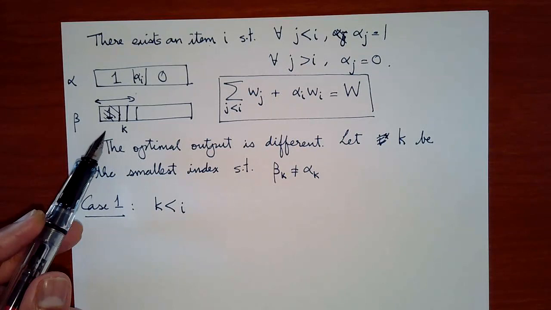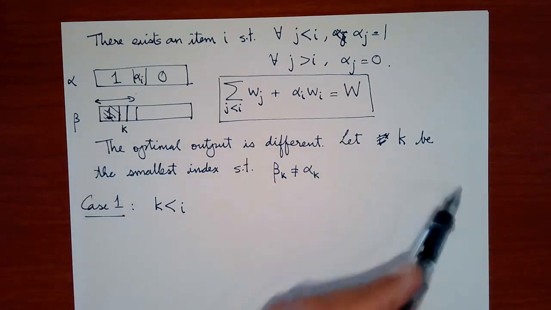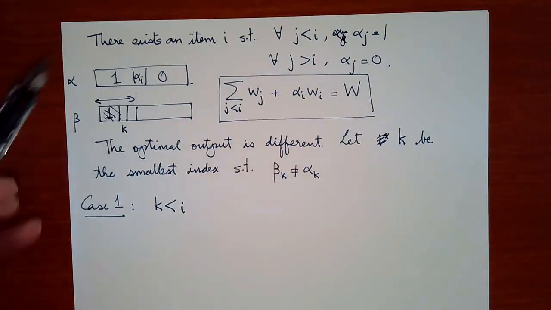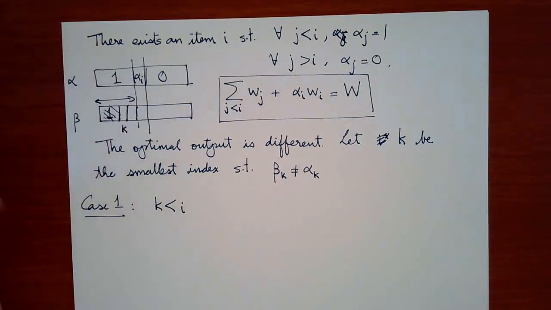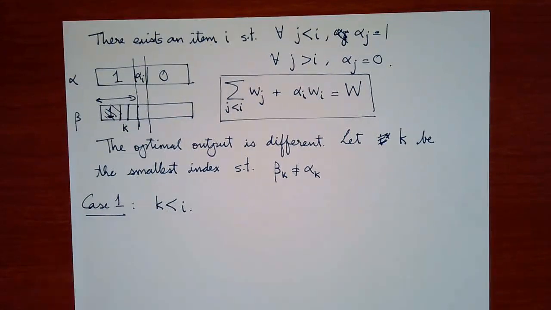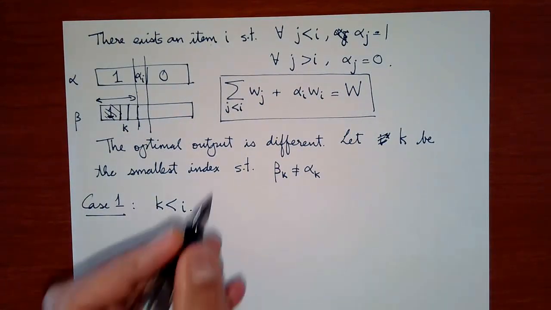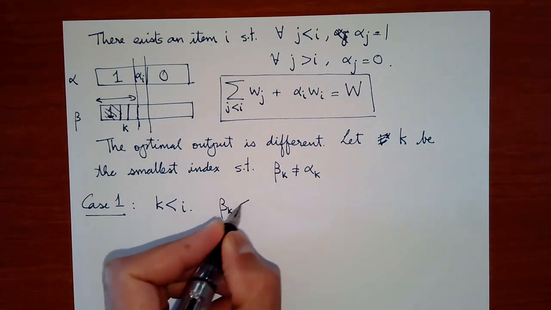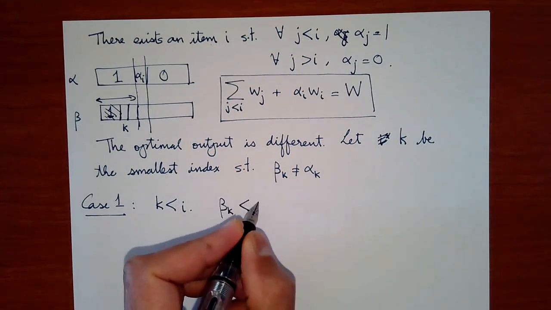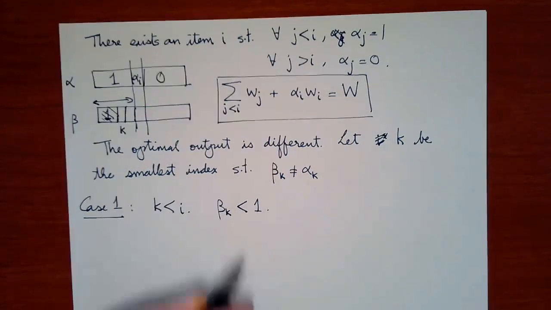Because K is the smallest index. I'm assuming it's the smallest index, so everything less than that is 1. So what do we know? We know that beta k is strictly less than 1, which is equal to alpha k.